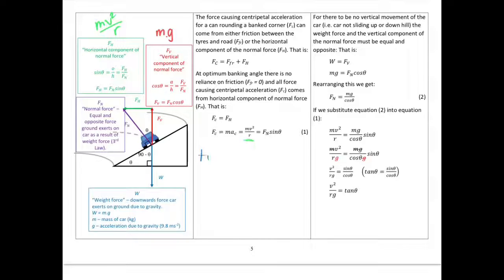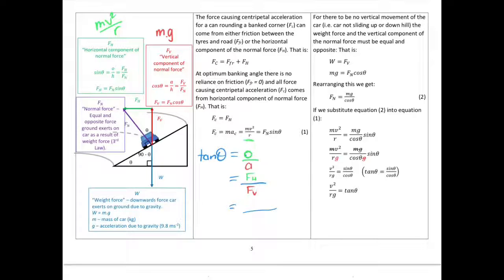Tan theta equals, let's colour code it, opposite over adjacent, which is equal to, our opposite is equal to the horizontal component of the normal force, and our adjacent is equal to the vertical component of the normal force.